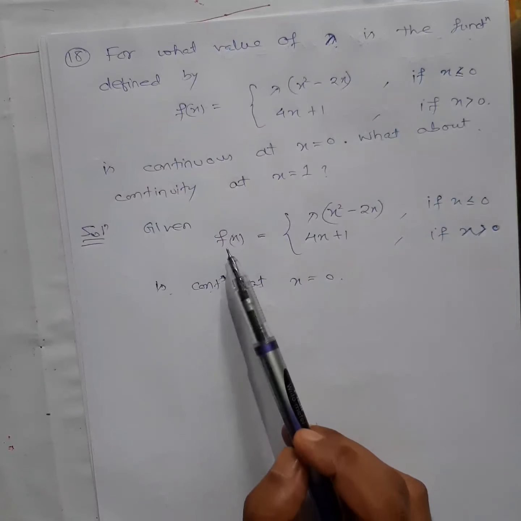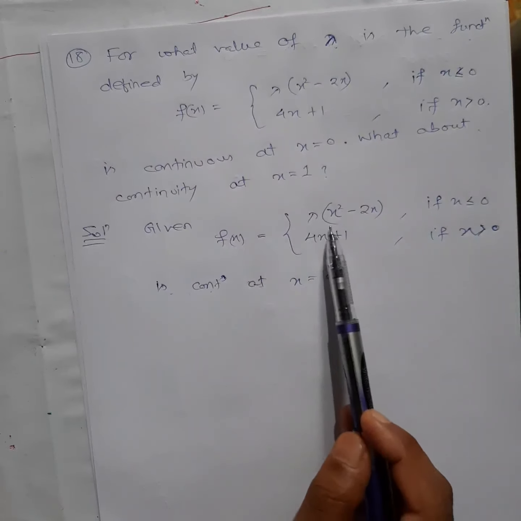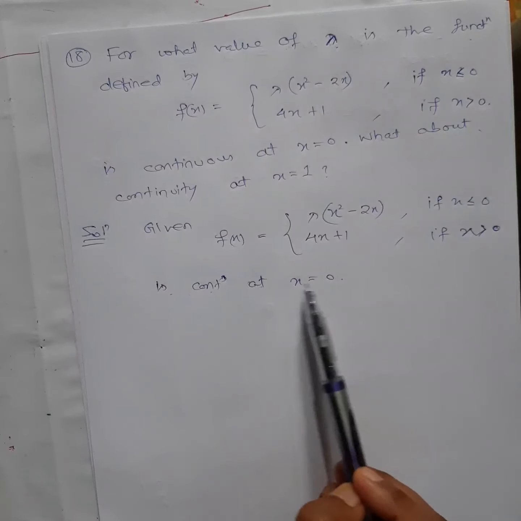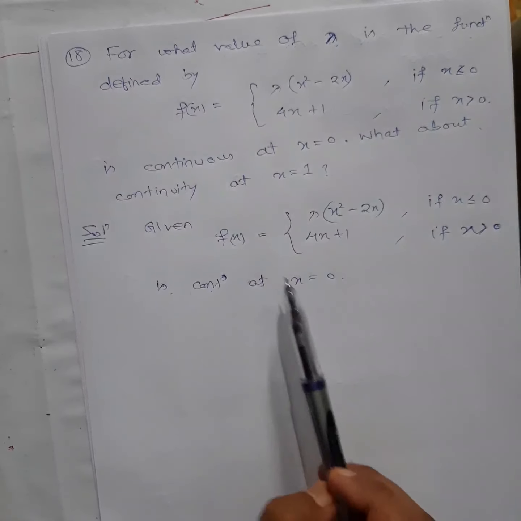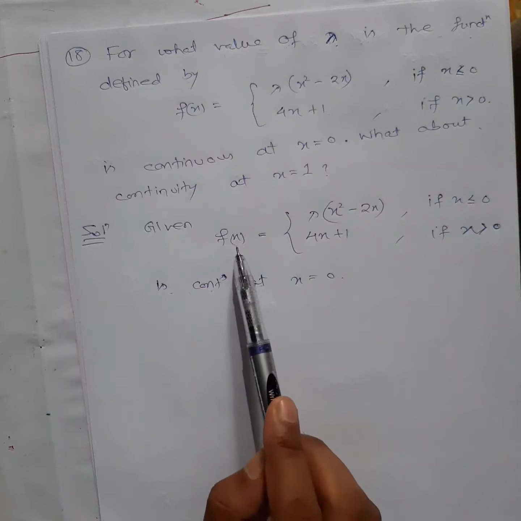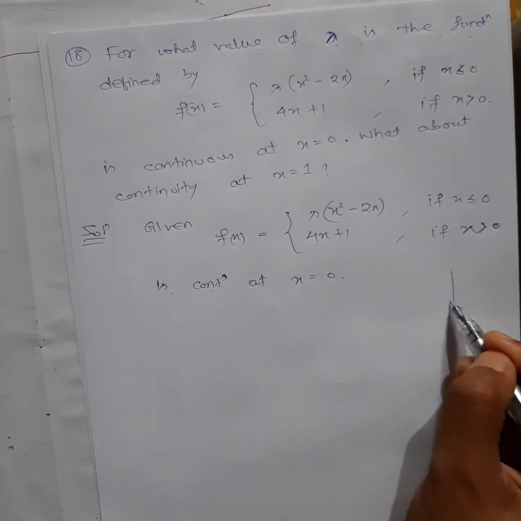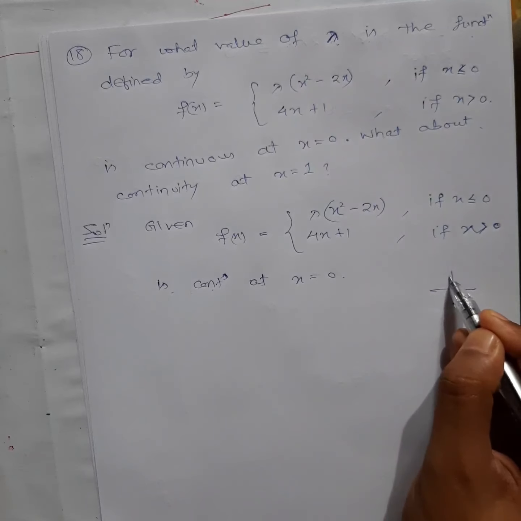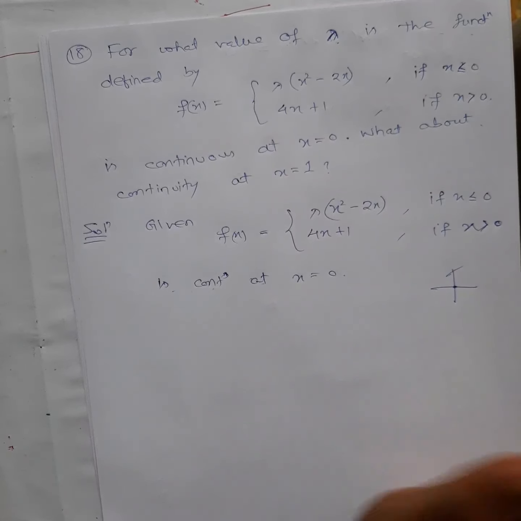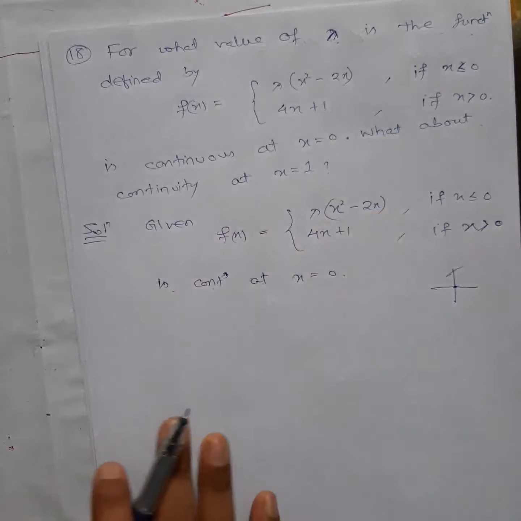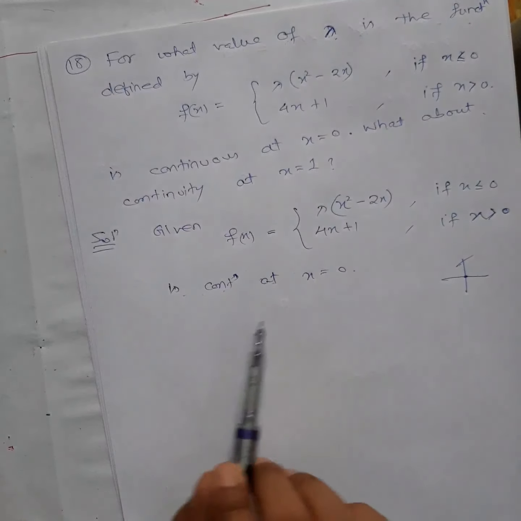The information is that f(x) is continuous at x equal to 0. From this we understand that the graph of this function will not break at x equal to 0. That's what they want to say. So I have to use this information to make an equation.